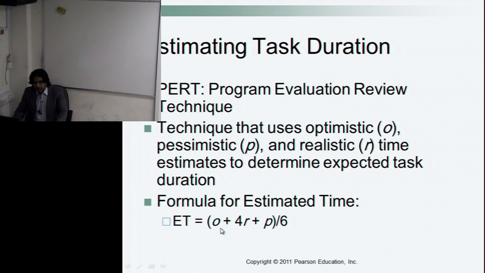You can see here that this is a weighted average, because optimistic time is taken just once, and pessimistic time is also taken once, whereas the weightage of realistic time is 4 times. So what we are doing here is adding up the number of times we are taking them and then dividing by 6. So that gives us an average expected time.